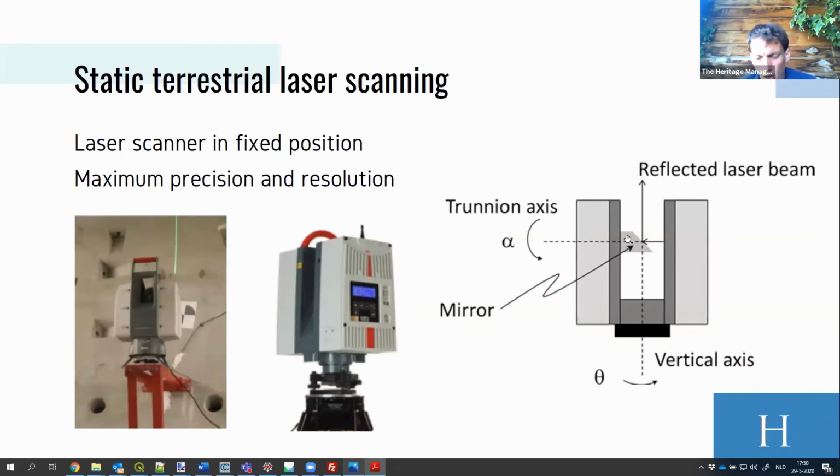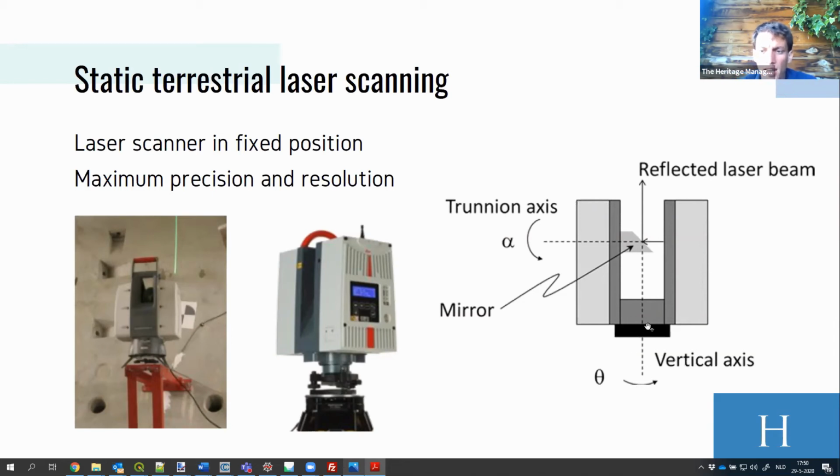If we look a little bit closer at this terrestrial laser scanner, what we actually see is that we have our vertical axis. That is actually the same as what you will have with a total station. You set up your total station and make sure that the vertical axis is nicely aligned with gravity.